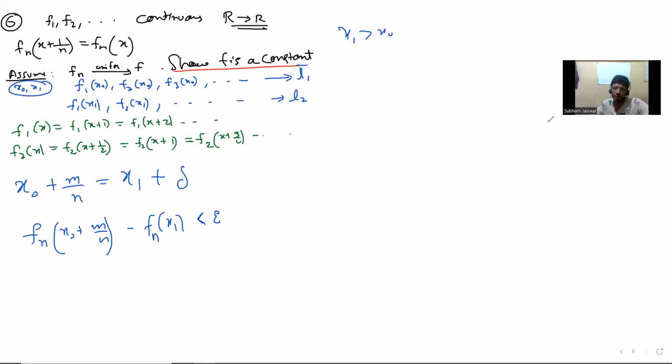So what we really want, basically my idea was that I had this fn of x naught. This is what I wanted.